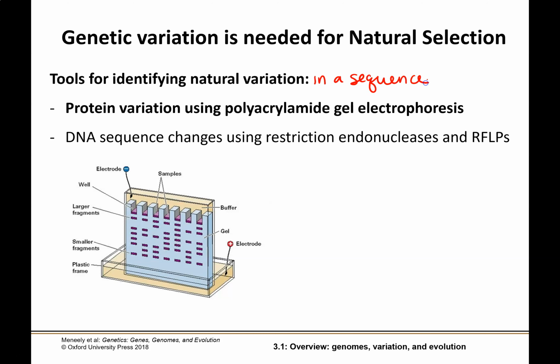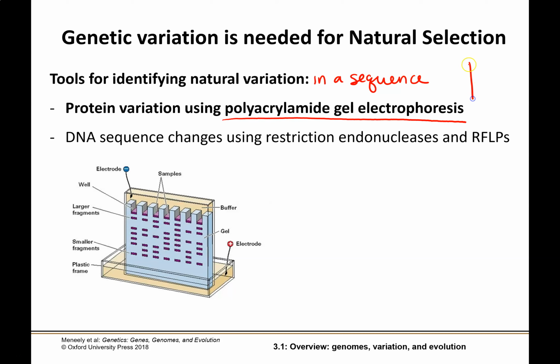So we can do this by looking at proteins. So we can perform polyacrylamide gel electrophoresis. This is very similar to the electrophoresis that we discussed in one of our labs, electrophoresis of bacteriophage DNA.